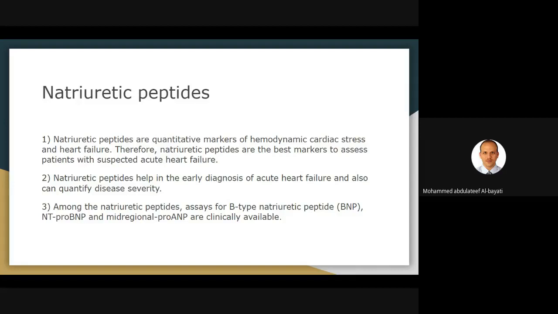Okay, it is seen in the primary as Conn's syndrome, adenoma of the adrenal cortex, or secondary to another disease like renal artery stenosis, because aldosterone is released in response to angiotensin 2.